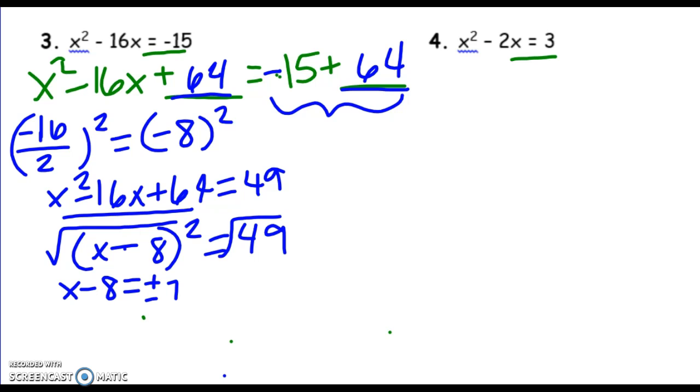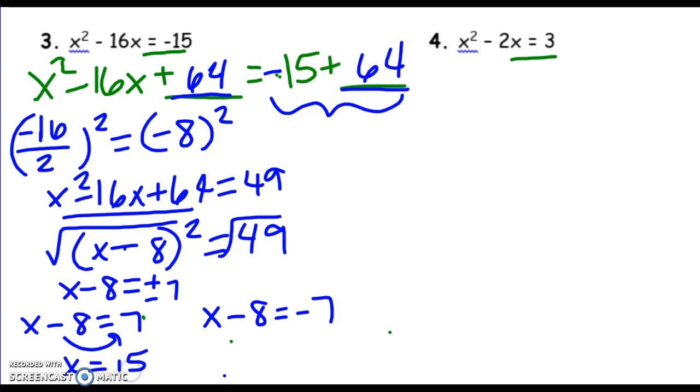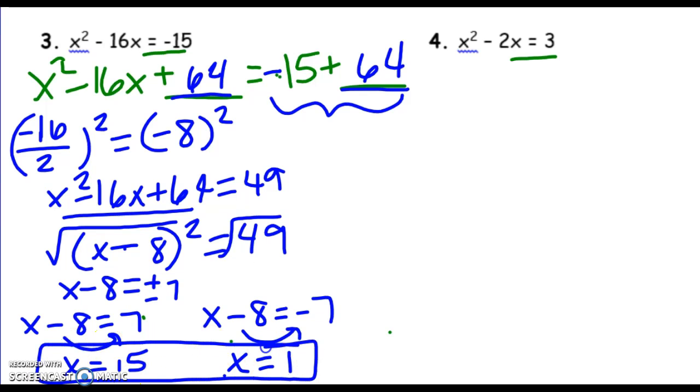So now I've got two equations I can set up: x minus 8 equals 7, and x minus 8 equals negative 7. If I add 8 to the other side, I've got x equals 15. For the other, x equals 1. So 15 and 1 are my two solutions by completing the square.